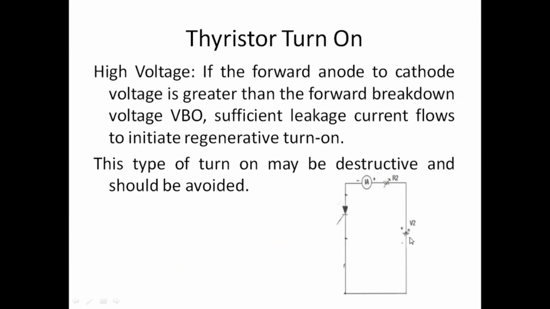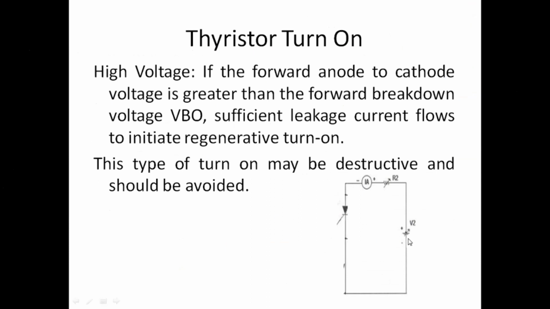So the very high applied voltage will cause an avalanche breakdown in J2. If the avalanche breakdown happens at that high voltage, very high current will pass from anode to cathode, and it will damage your SCR. So we should make sure of what we call the breakover voltage.